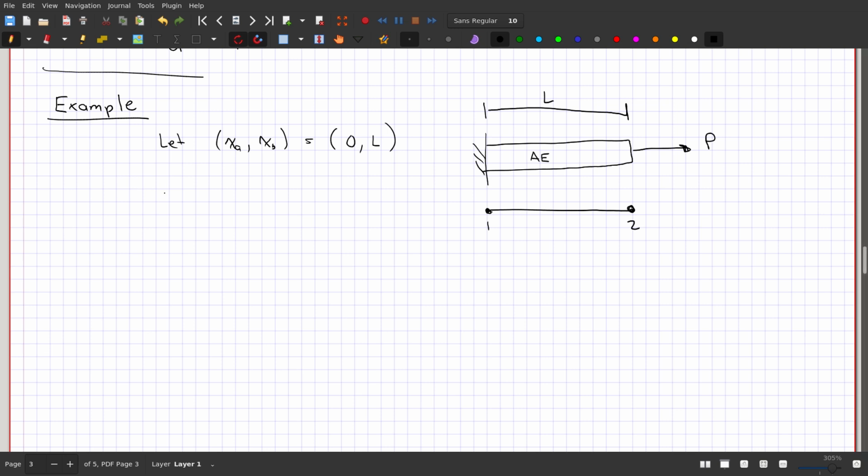In this problem, using our model equation that we've been working with, if we let C equal to 0 and A equal to AE, then we get this K, Kij, is equal to, like that.